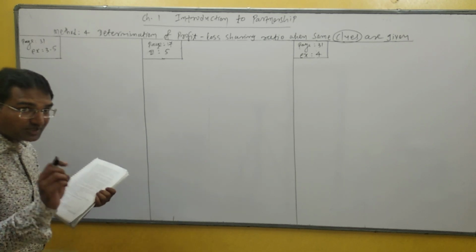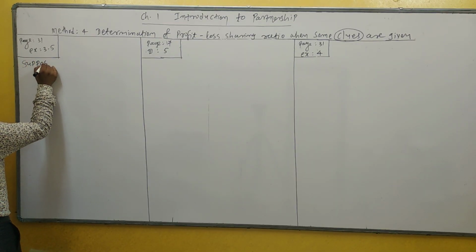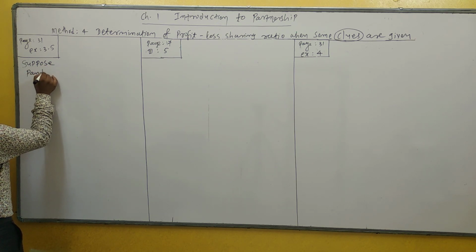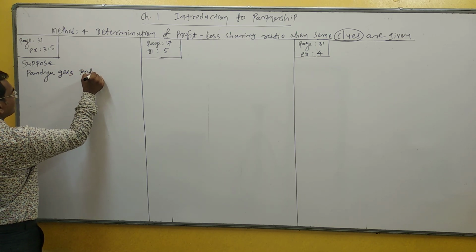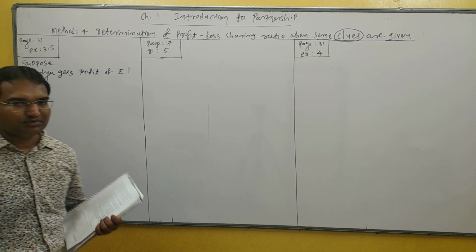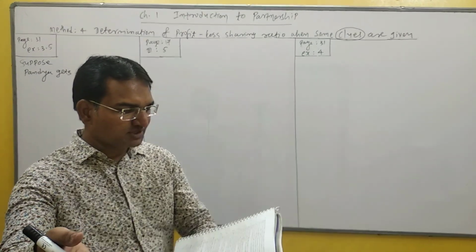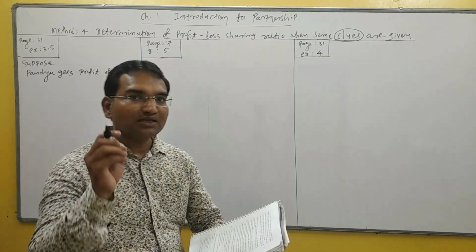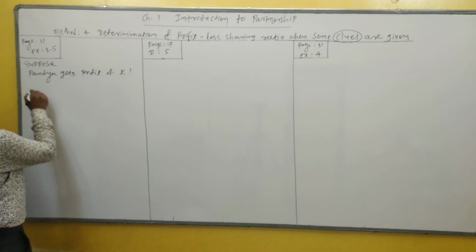Here we assume, suppose Pandya gets profit of rupees 1. Just an assumption, Pandya gets 1, and from Pandya's share we can get Mehta's share, because Mehta received 4 times the share of Pandya.